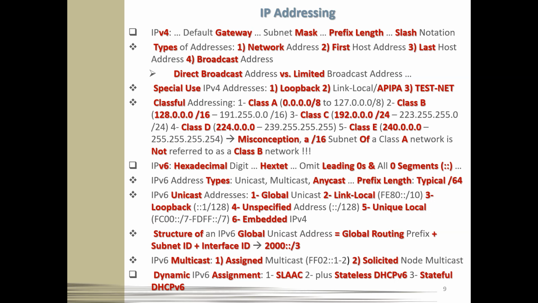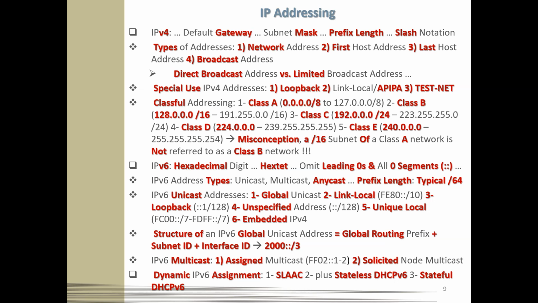With multicast, similar to IPv4, we have an IPv6 multicast address to be used to send a single IPv6 packet to multiple destinations. And the third and new type of address that we have with IPv6 is anycast.